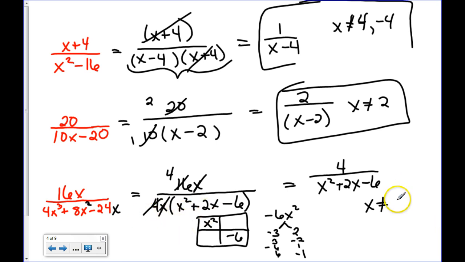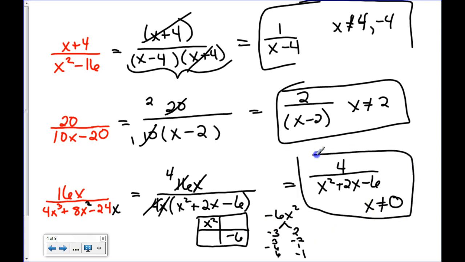It cannot be a 0. Okay? It also cannot be another number which we'd have to put into the quadratic formula to find, and I'm not going to make you do that right now. Okay? So whatever comes out of the quadratic formula, it can't be that number either. But this is good enough for me for today. Any questions on this? All right.